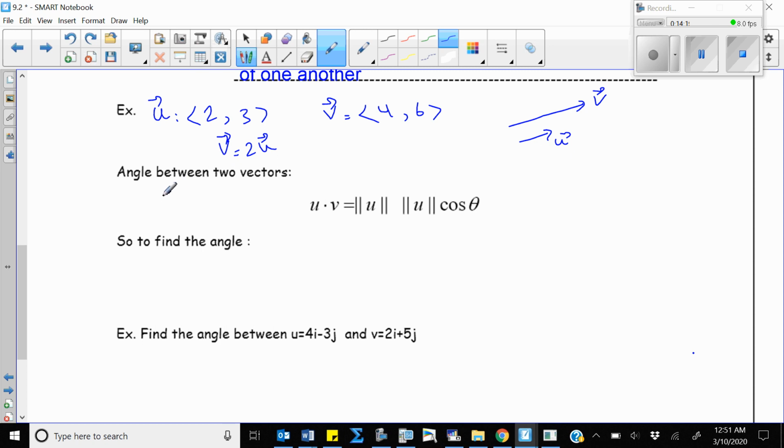Now let's see how we can find the angle between two vectors. Means if we have two vectors like u and v, and we're interested to find the angle between these two, let's call that theta. How do we find this theta? Dot product of two vectors has basically two different formulas.